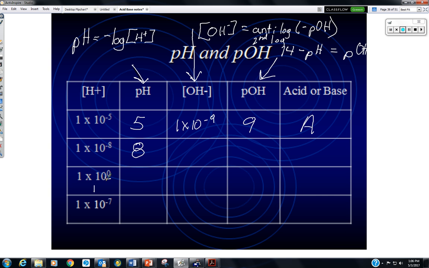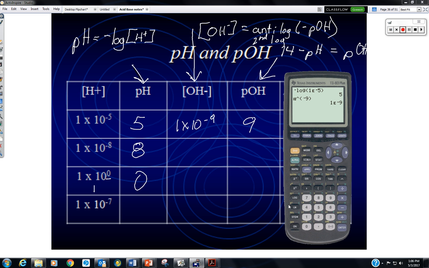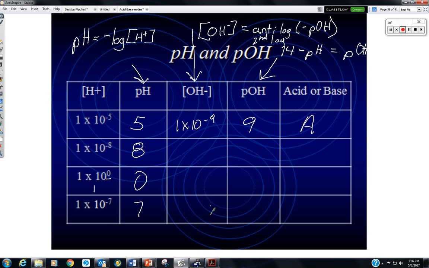We are really only interested in this number here, so it's going to be 0, but just proof of point, negative log of 1 times 10 to the negative 0 is going to give us a pH of 0. 1 times 10 to the negative 7 is going to give us a pH of 7.